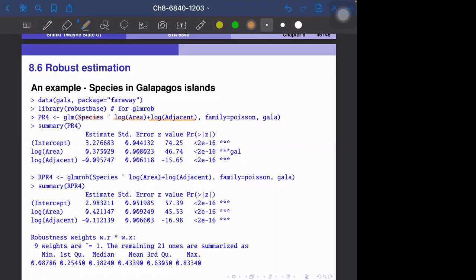Then we get the intercept and the coefficients for log of area and log of adjacent. The estimates are 3.27, 0.38, and negative 0.10. Standard deviations are pretty small and the values are very significant.